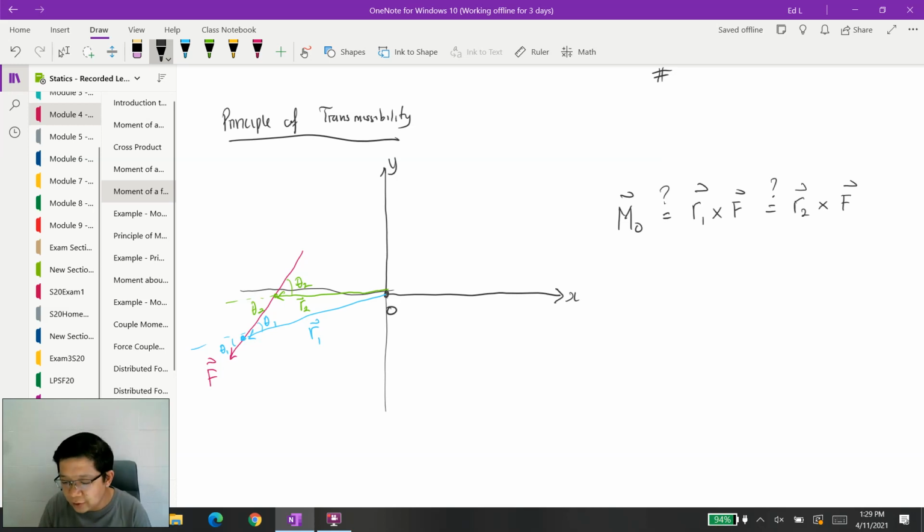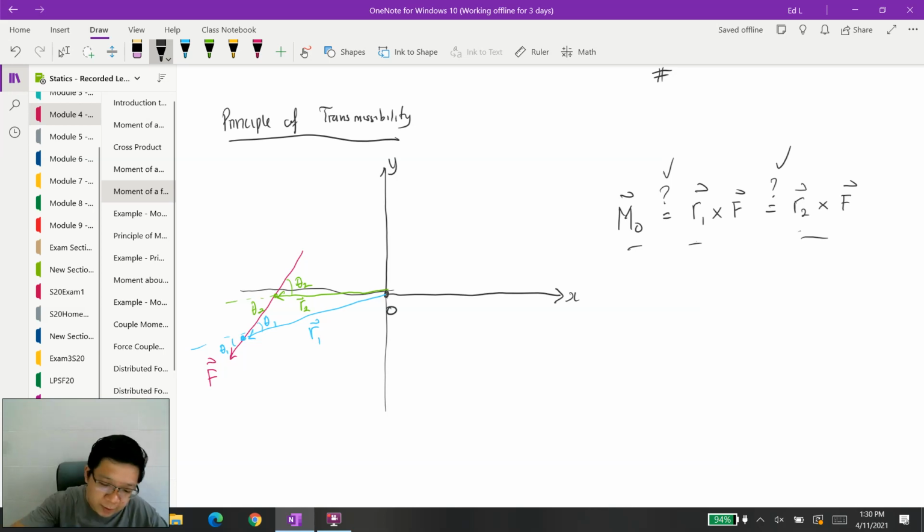That M naught right there can be calculated as R1 cross F. It also can be calculated as R2 cross F. And if this equation is valid, and these three expressions are equal, how can we show that?